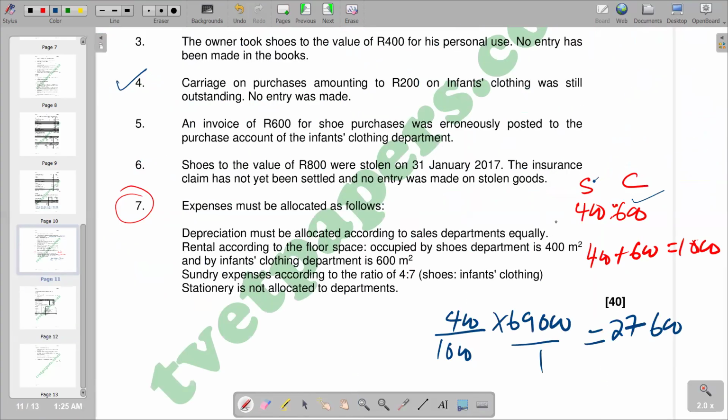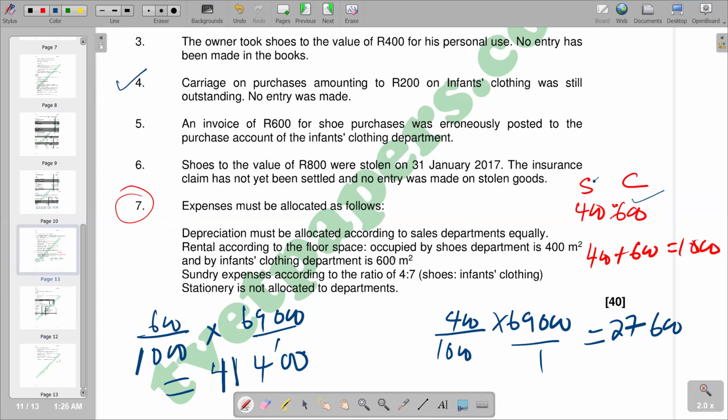For the clothing, we are given 600 as the proportion. So we are going to say 600 over 1,000 times 69,000. And the figure that we are supposed to get is 41,400.